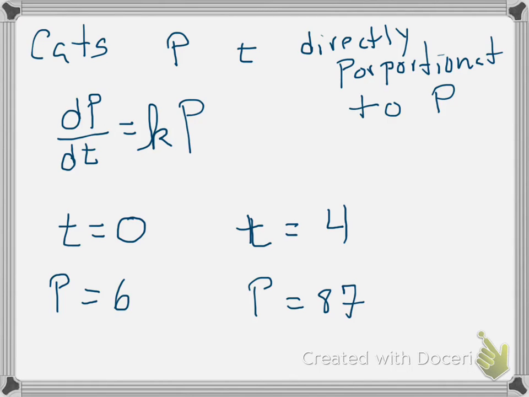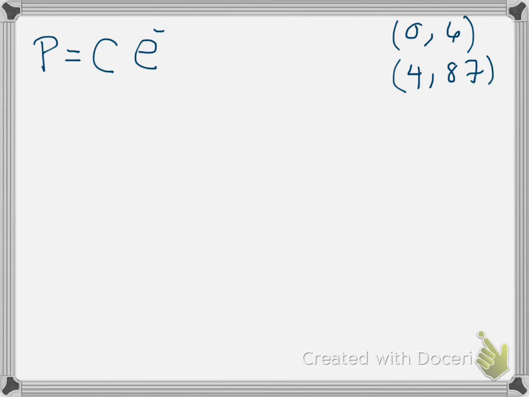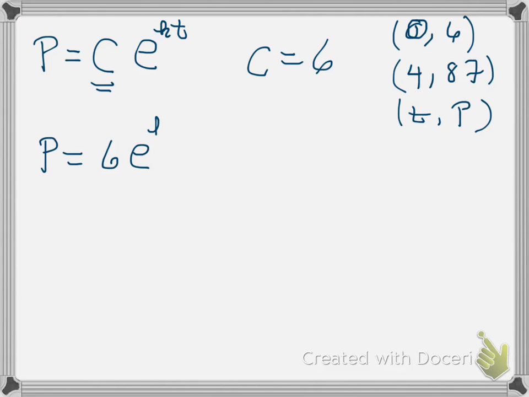We got (0, 6) and (4, 87). And we've got P is equal to C times e to the kt. Now remember that these are t, P points. Okay, so if t equals 0, that means that e to the kt all equals 1, so that tells me that this C equals 6. So P equals 6 e to the kt.